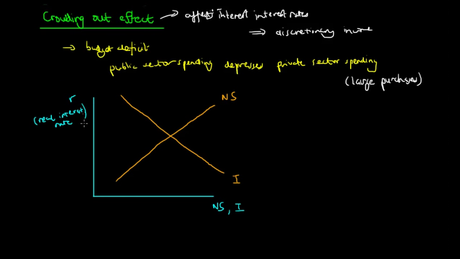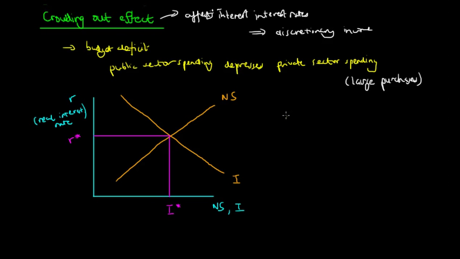So the demand for savings comes from investment expenditure by firms. Prior to this change in national savings, we've reached an equilibrium at R star, which corresponds to an investment point of I star.